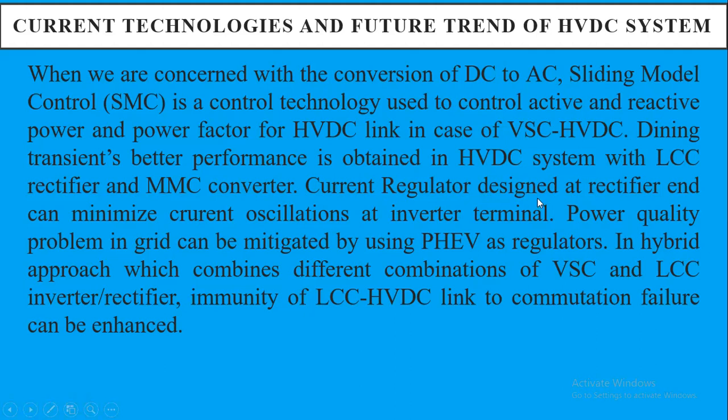A current regulator is designed at the rectifier end to minimize current oscillations at the inverter terminal. Power quality problems in the grid can be mitigated by using PHEVs as regulators.